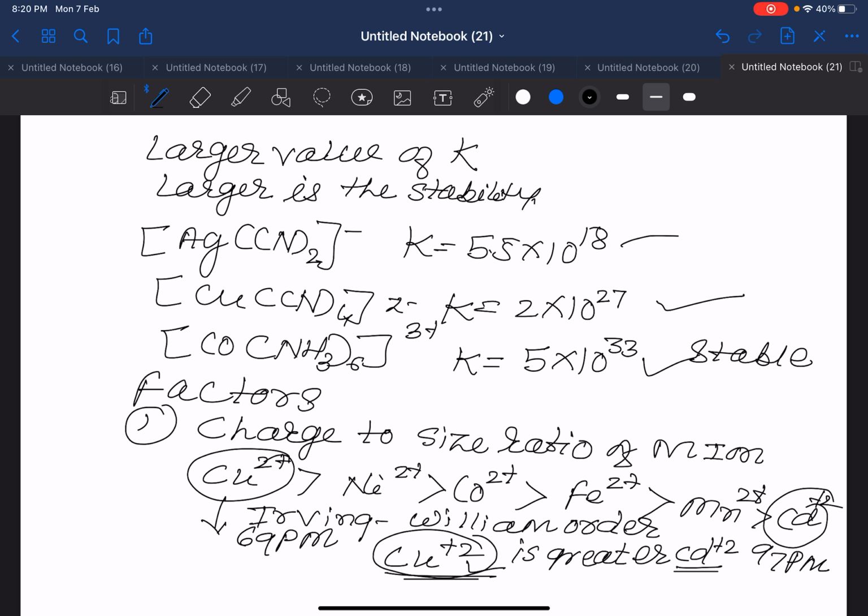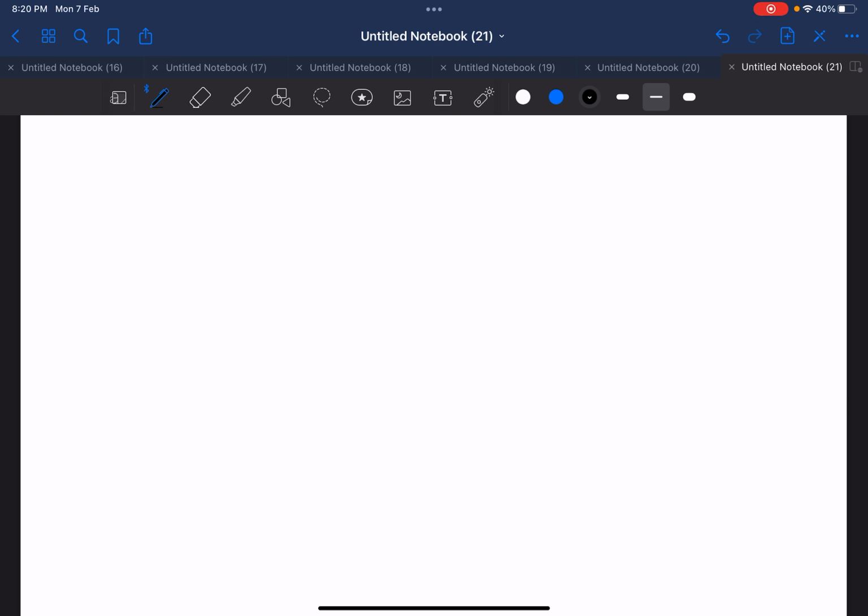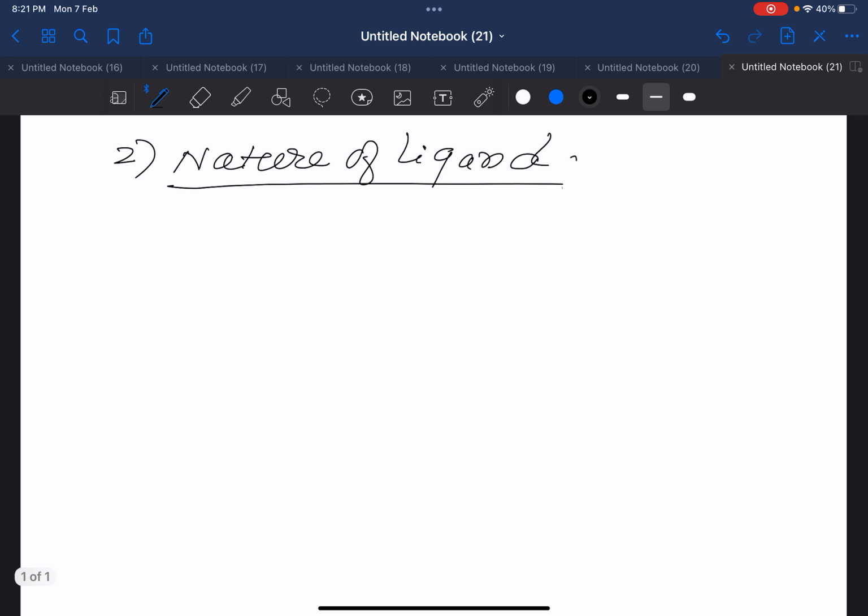Okay. Now, second point is nature of ligand. First point, the charge to size ratio of the metal ion. Second is the nature of the ligand.